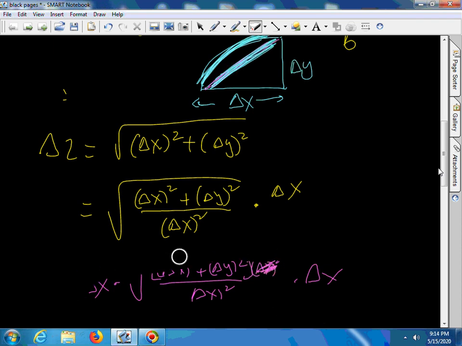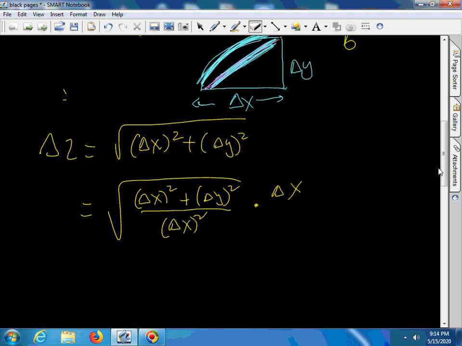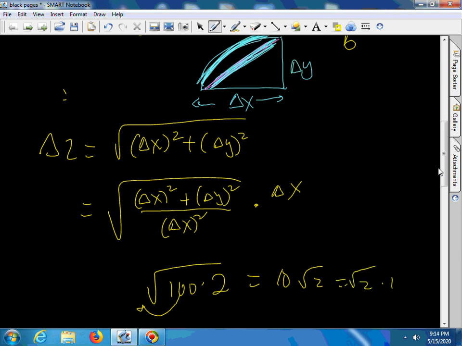Usually we factor things out in the front. For example, if you had the square root of 100 times 2, you would bring the 100 in the front as 10 square roots of 2, as opposed to saying the square root of 2 times 10.